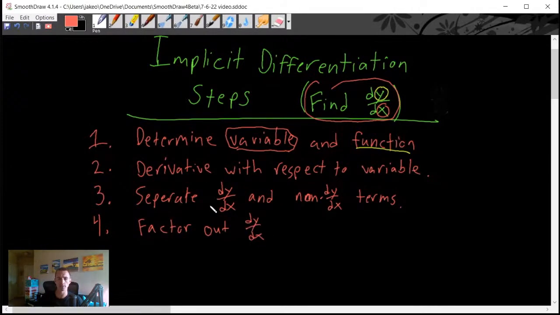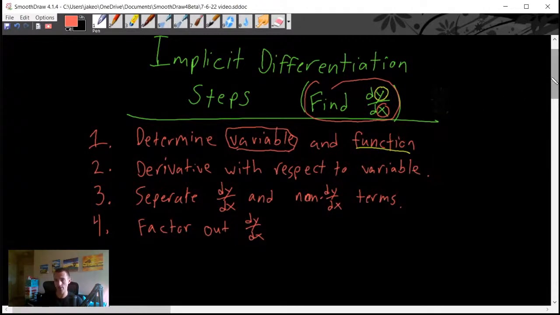Right? So after step 2, where we take the derivative with respect to our variable, there's typically going to be multiple dy dx's, because there were probably multiple y's in your equation before. It's kind of hard to solve for dy dx until we get to this 4th step, because that simplifies multiple dy dx's, condenses them down into a single dy dx.